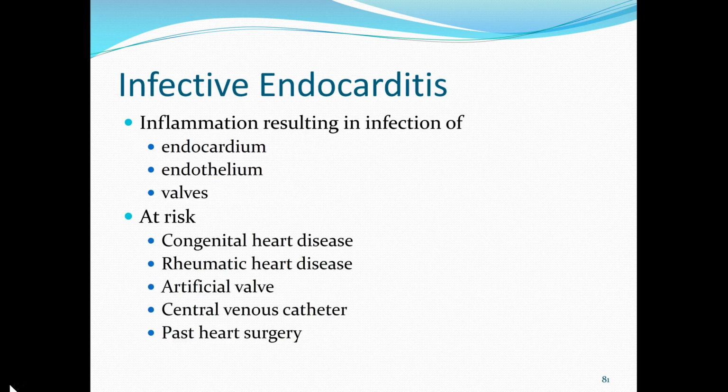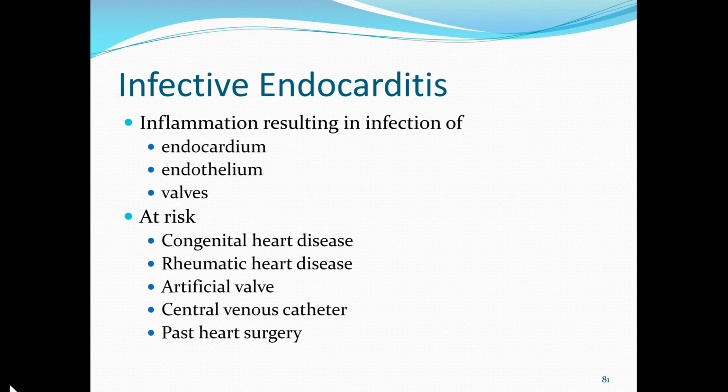All right, infective endocarditis is inflammation that results in an infection of the endocardium, the endothelium, or the heart valves. This is life-threatening, but it is an uncommon infection unless they have an existing known heart illness.